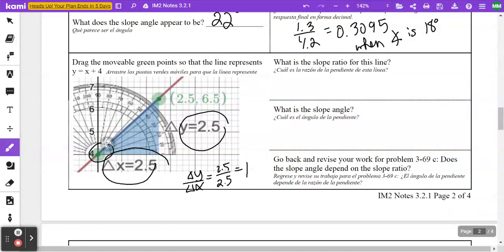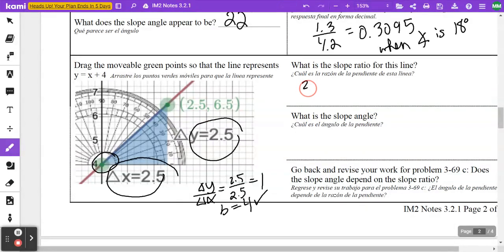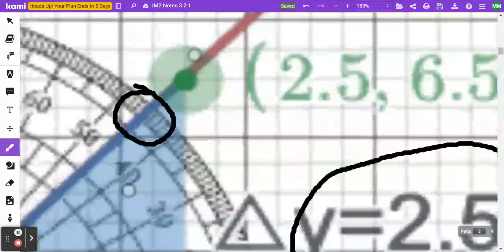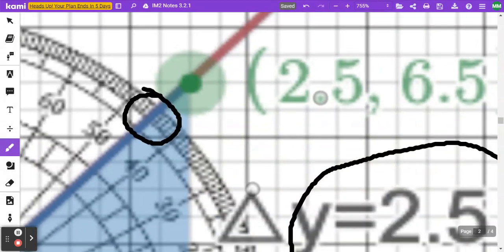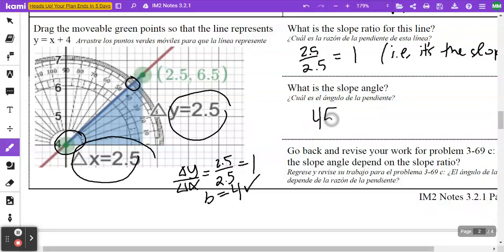It looks like my y-intercept is here. b equals 4. Yes, that's correct. The slope ratio for this line appears to be 2.5 over 2.5, which is 1, i.e. it's the slope. The slope angle appears to be, let's zoom in, halfway between 40 and 50 degrees, so it is about 45 degrees.